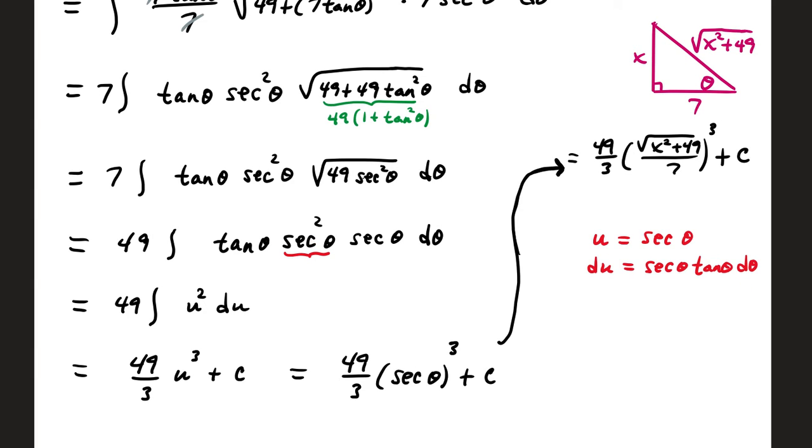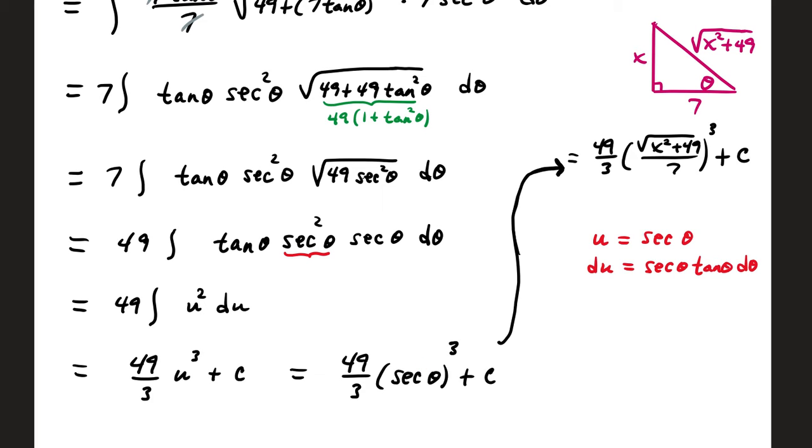So this ultimately becomes 49 u squared, and then these terms become our du. Taking the antiderivative, that is u cubed over 3 times 49, that's 49 thirds u cubed. Putting secant theta back in for u, that's 49 thirds times secant theta quantity cubed.